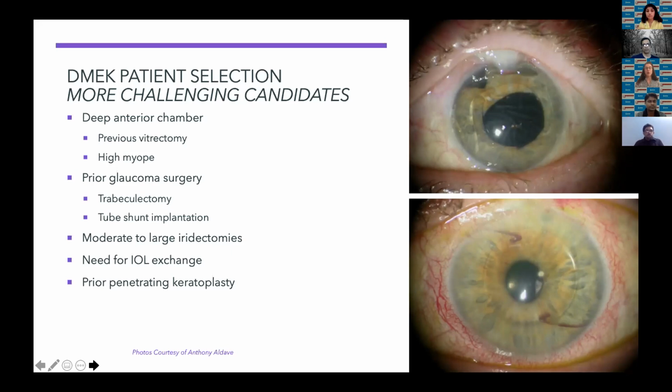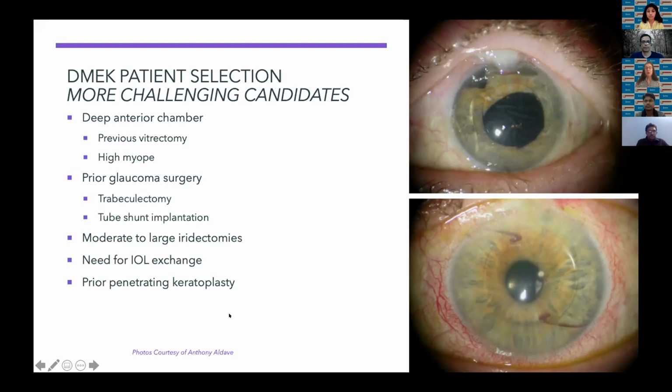If there's a tube shunt or a trabeculectomy, you have to be careful because the DMEK graft, as you're tapping and unfolding, can actually start to go through or into where your tube shunt is. Not that I've ever seen that happen before, but you have to be careful there. Moderate to large iridectomies also require awareness of this and are much more challenging.